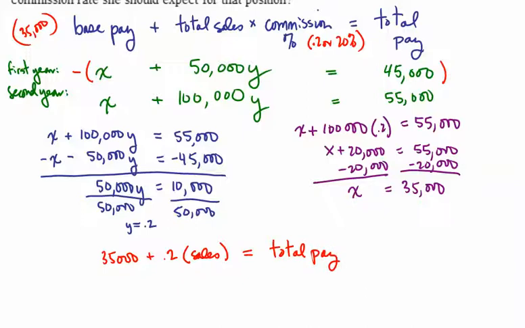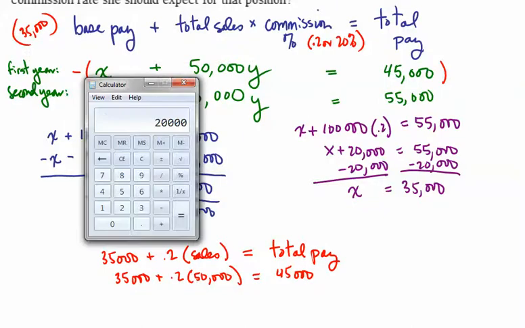So since we used the $100,000 equation to solve for x, we should really use the other equation, the $50,000 equation, to double check our answer here. So if we have 35,000 plus 0.2 times 50,000, we should get 45,000 as an answer.